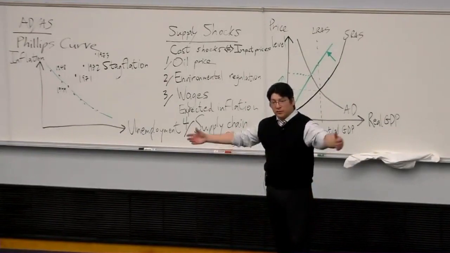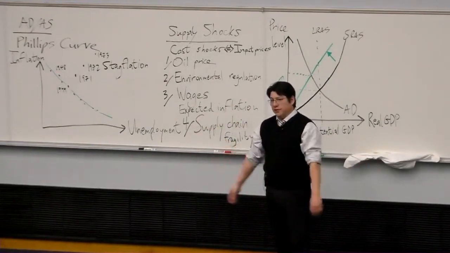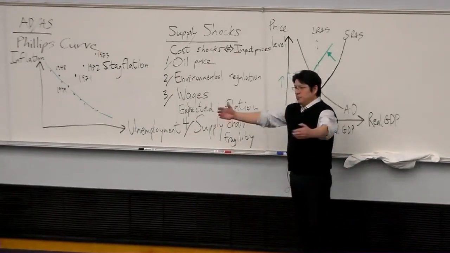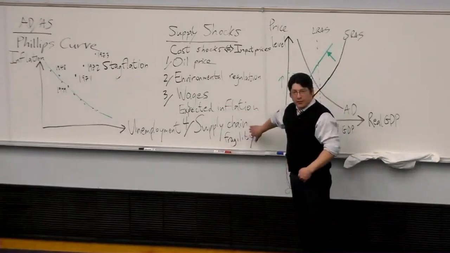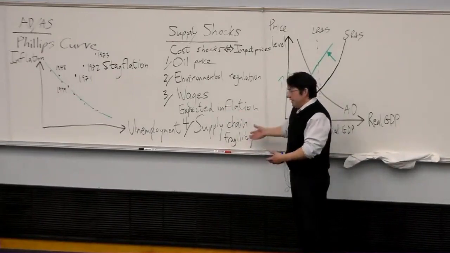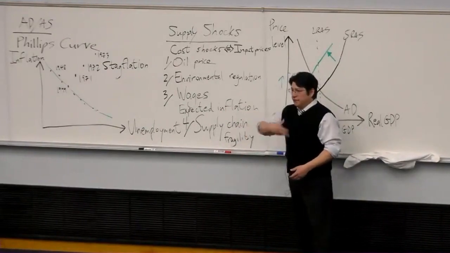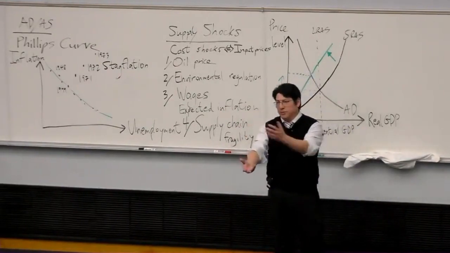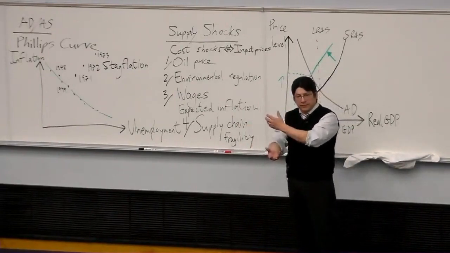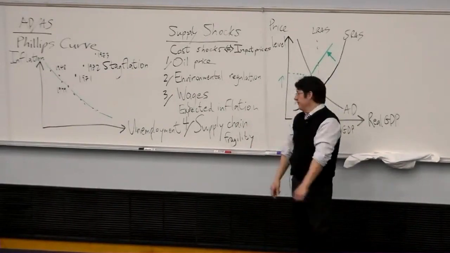The United States wants to bring the production of semiconductors back home. Well, doing that is going to be a supply shock, because the pre-existing supply chains will have to be replaced by new ones. That will take time and be costly. It's going to be a supply shock too.